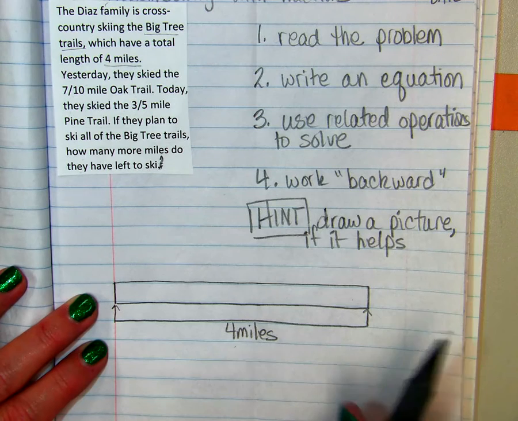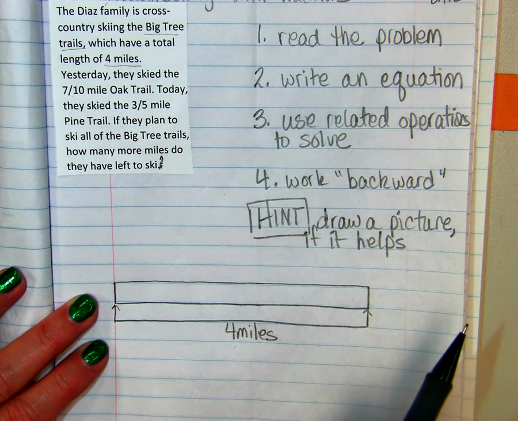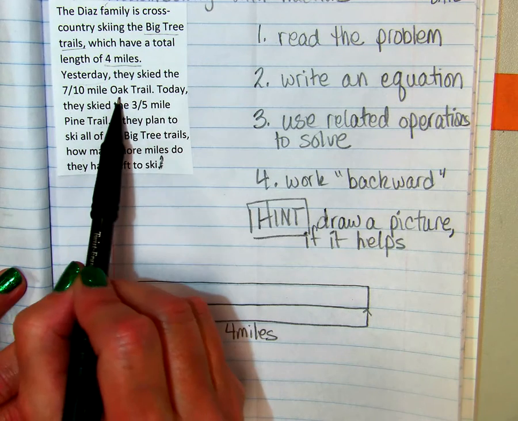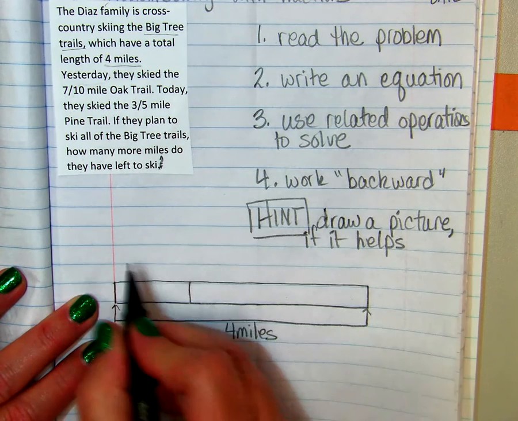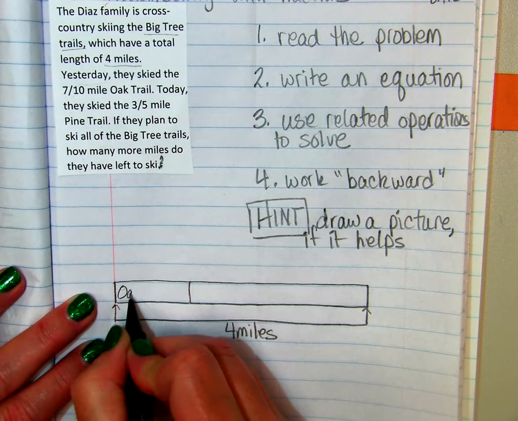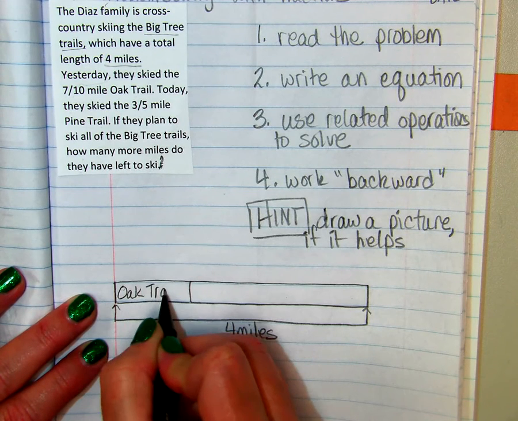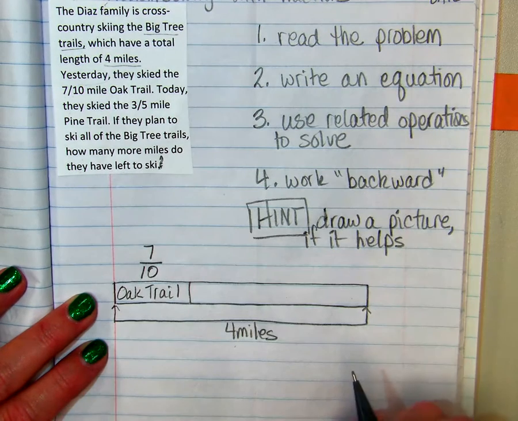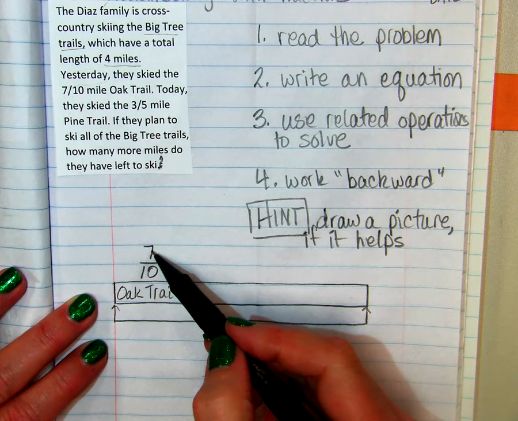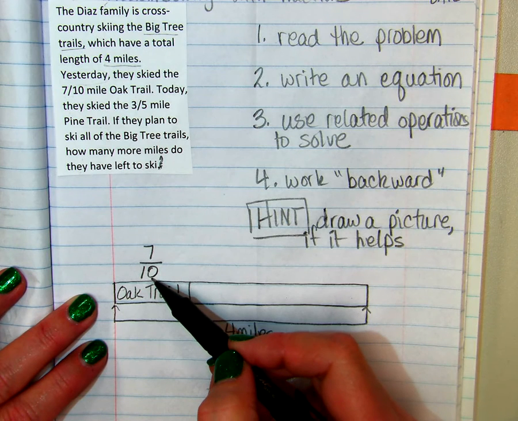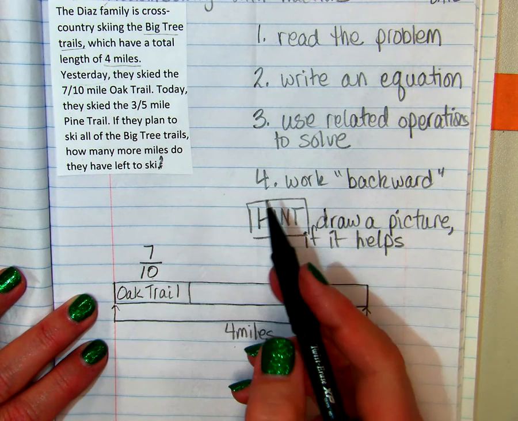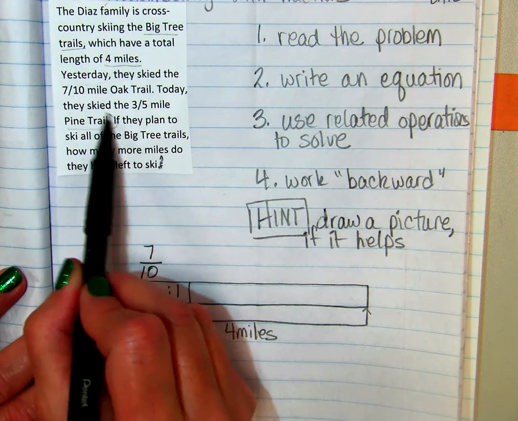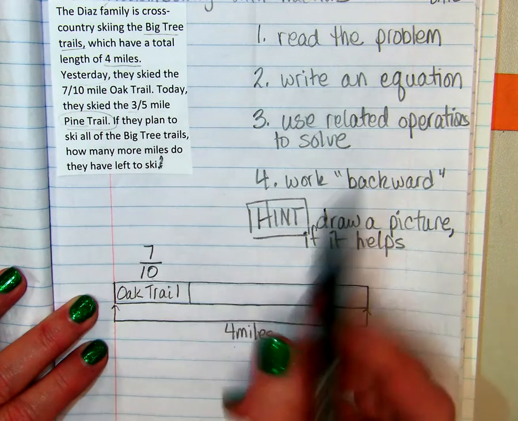Alright? Now, let's chunk this up. So yesterday they skied the 7/10 mile Oak Trail. So this is Oak Trail. And we're going to put 7/10 up above. Okay, so that we can use one space for the numerator, one space for the denominator. The next trail was the Pine Trail, and that was 3/5 of a mile.